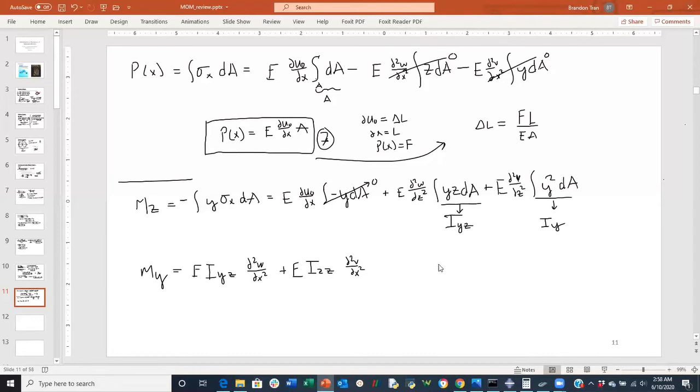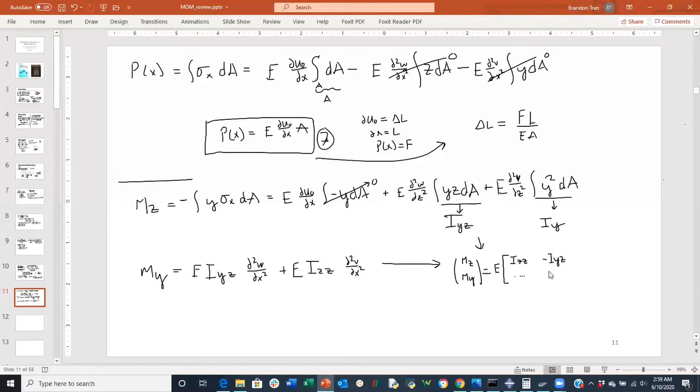Essentially, you can boil these down into a matrix component here. So we take Mz, and we take moment about y. That is equivalent to, just going to move E out here, Izz, negative Iyz.